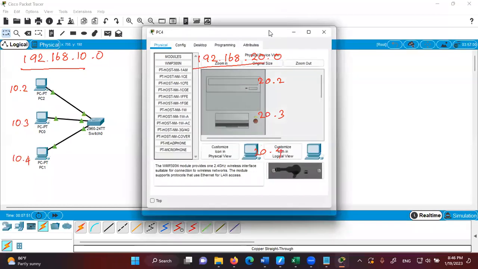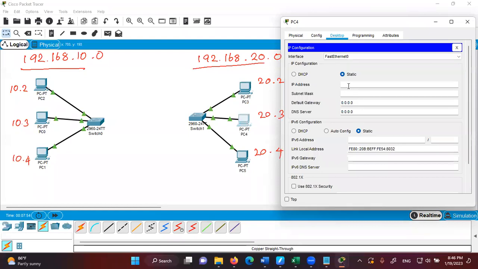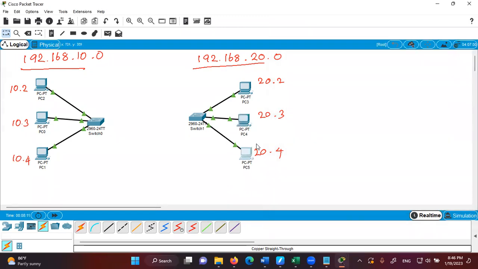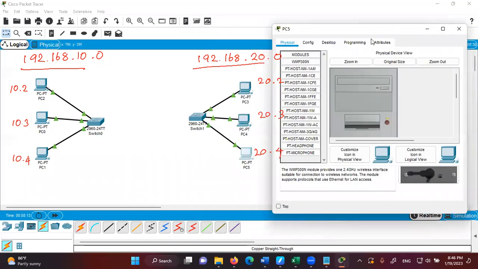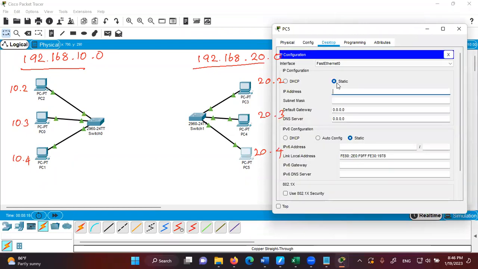So the second computer, 192.168.20.3, and the gateway is 192.168.20.1. Then 192.168.20.4, and the same gateway.